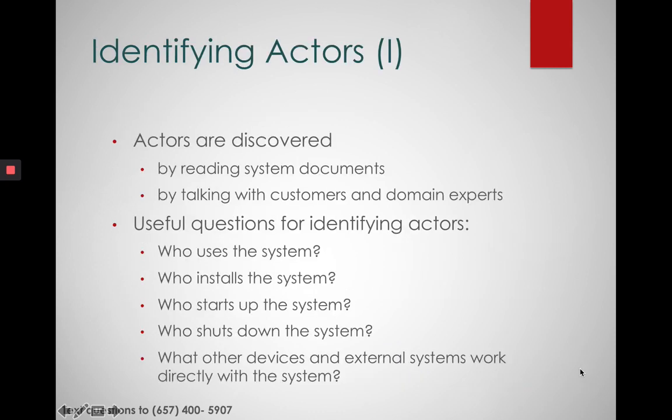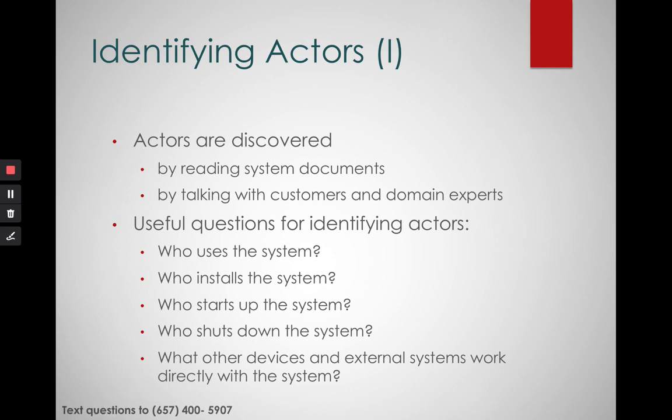How do we identify actors? Well, when we start analyzing use cases, we usually have some kind of documents describing the system, whether it's a partial requirements document or some kind of outline. So we want to read those and figure out who are the people involved, what's the hardware involved, and what are the interacting software systems.